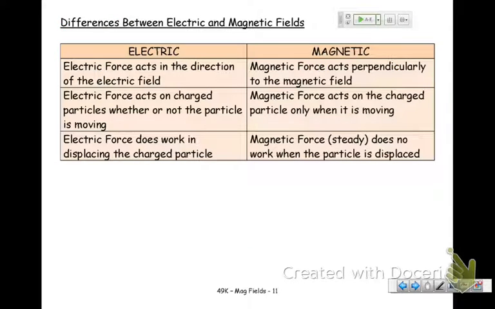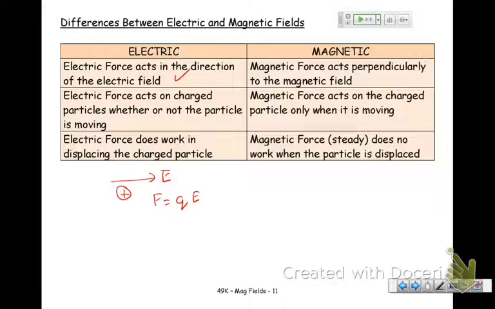Let's do a little bit of a comparison. We're going to do this several times as the chapter goes on, but let's compare electric field versus magnetic field. Electric force acts in the direction of the electric field, for a positive charge. If I have an E, F is equal to Q times E, and it's in line with each other.